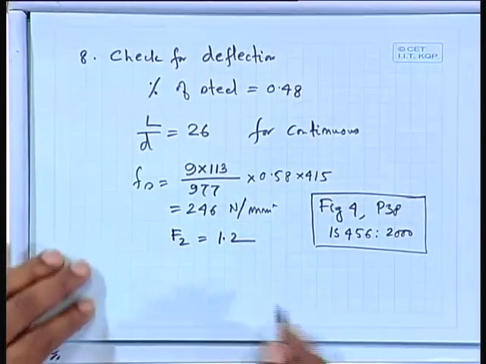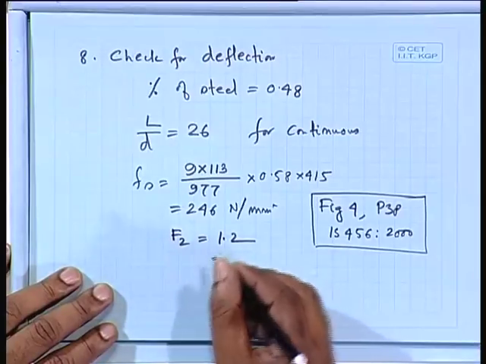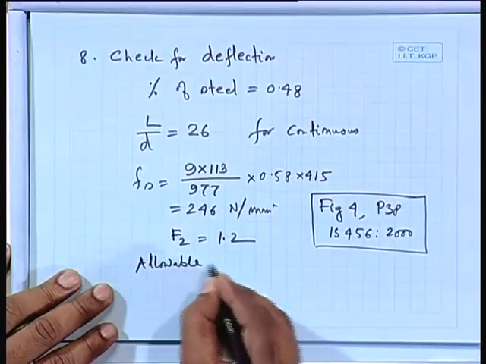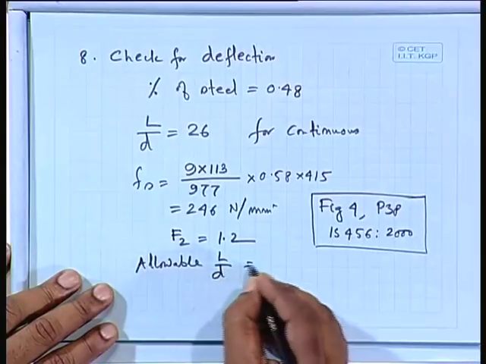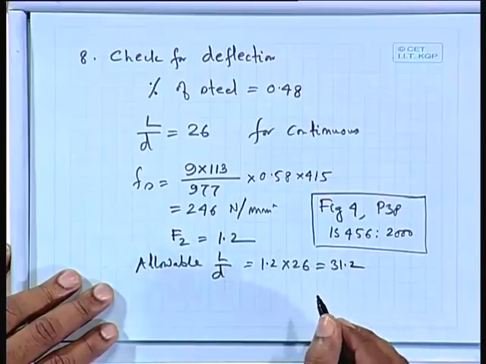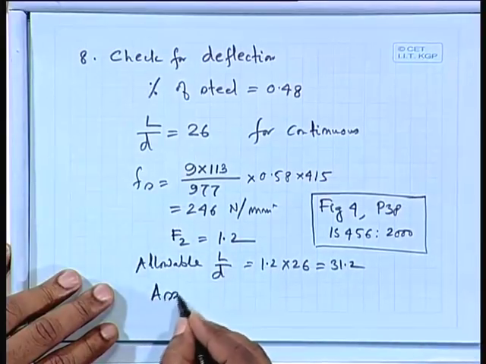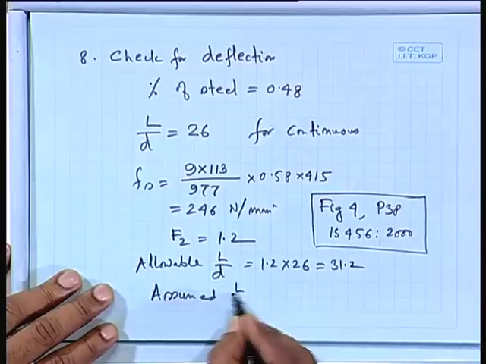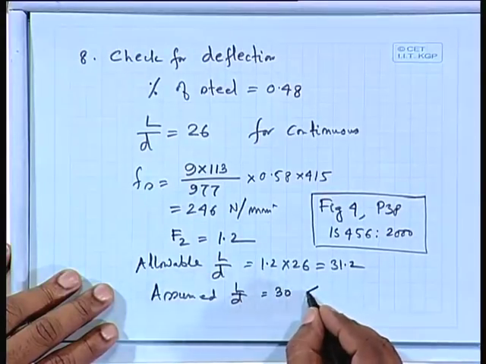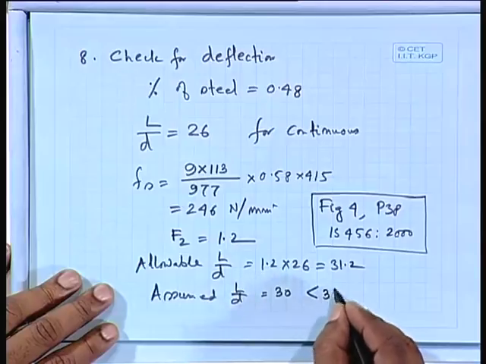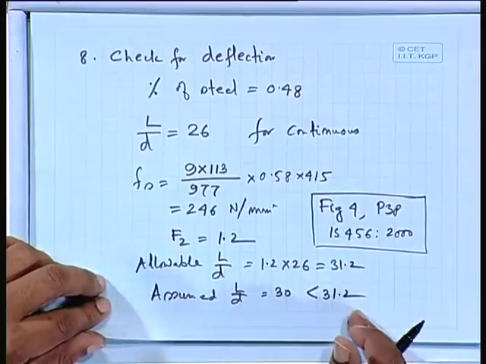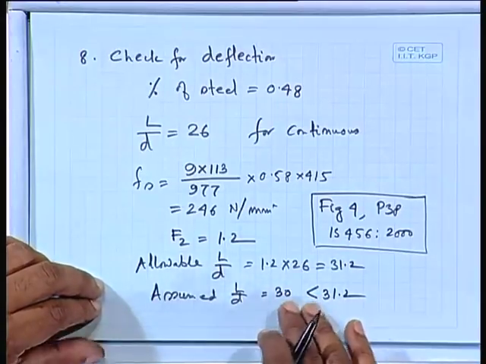So, we shall get the multiplication factor 1.2. So, allowable L by D equal to 1.2 into 26 equal to 31.2, and we have assumed L by D that is 30, which is less than 31.2. So, that means it is acceptable, this is okay.